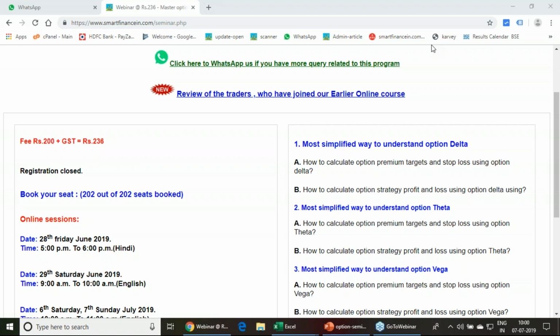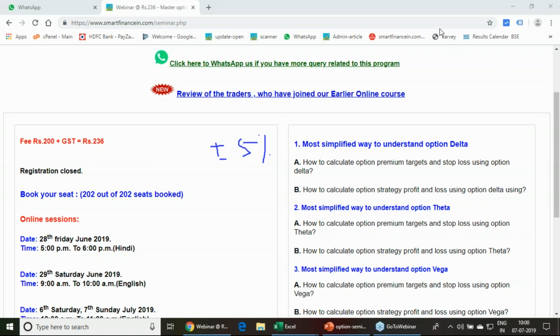I'll just summarize it. When you are expecting some event is going to give a price fluctuation of plus or minus 5% due to some event in that counter, at that time I am advising you to have a delta neutral strategy.